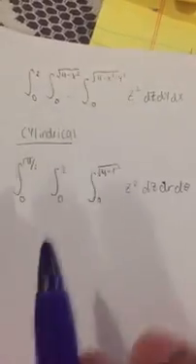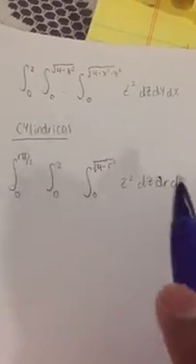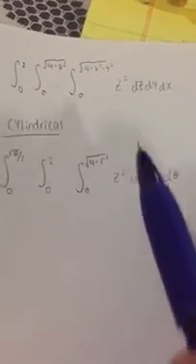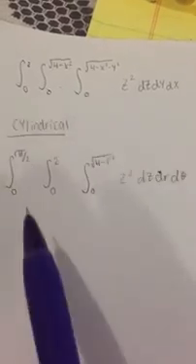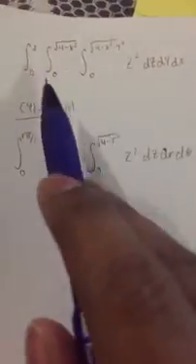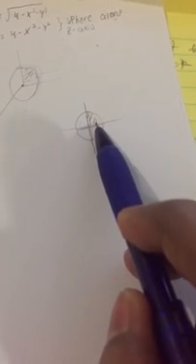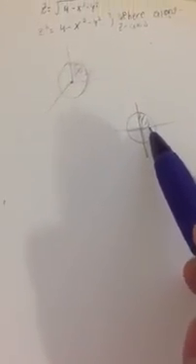Now we have to change the y bound. The r is how far out you go, and d theta is pretty much your angle. If we look at the 2D representation for the second bound, dy, which is 0 to 4 minus x squared, it's going from 0 to 2 because that's your radius.